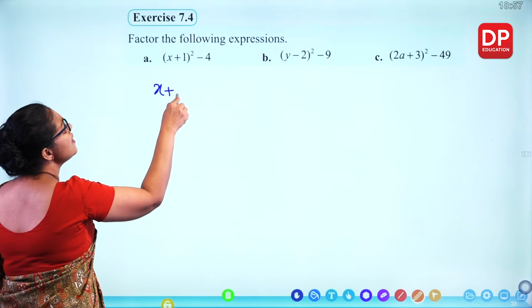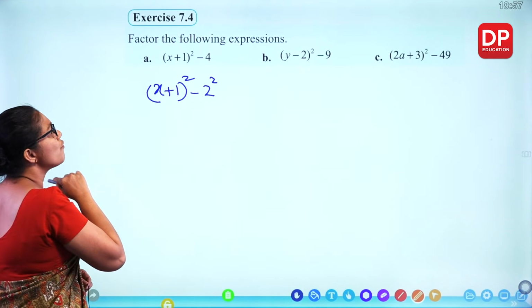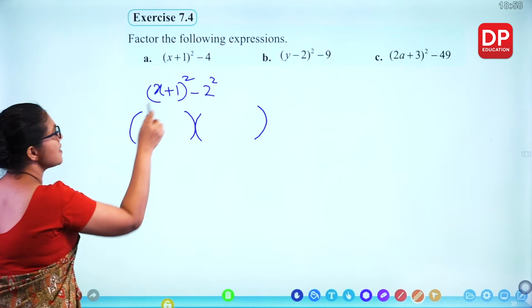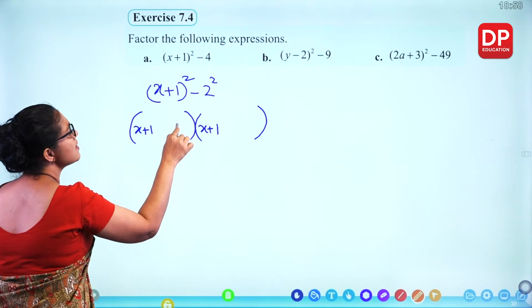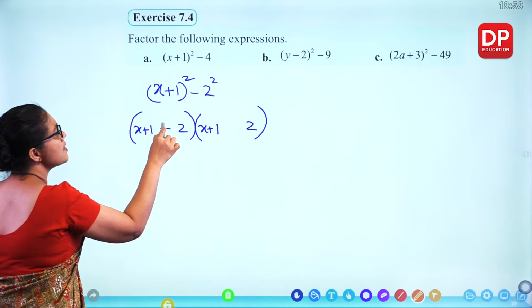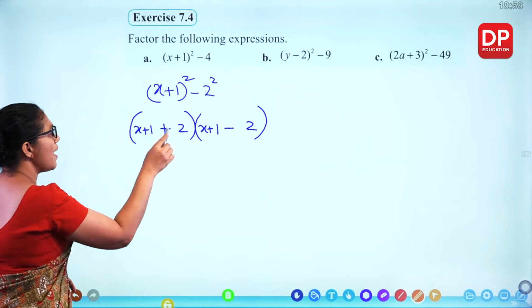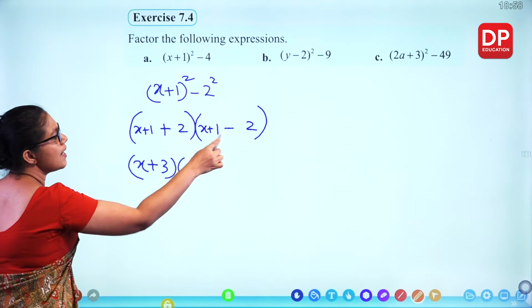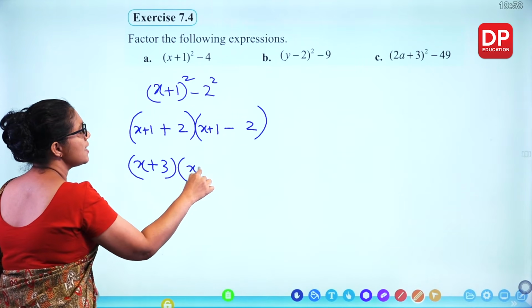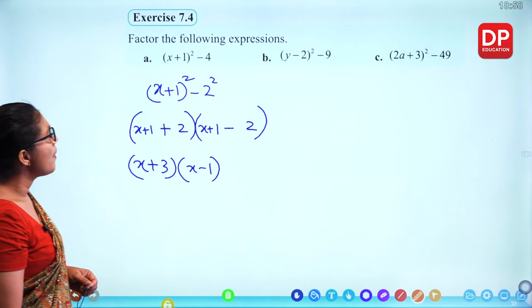So first one, straight away you can write as 2 squared for 4. The factors are, first term is x plus 1, second term is 2. One is positive, one is negative. So now try to simplify. We get x plus 3 and 1 minus 2 you get x minus 1. So these are the two factors for part A.